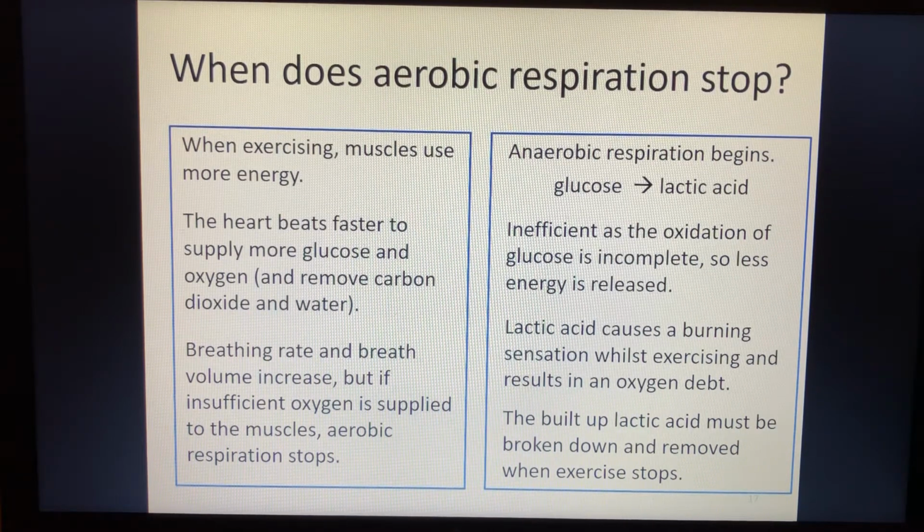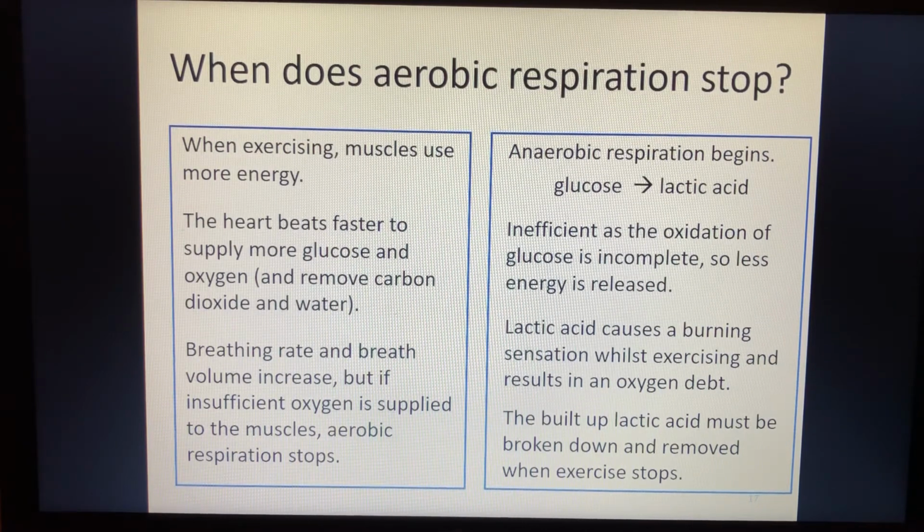To maximise the amount of oxygen going into the blood, we breathe at a faster rate and take deeper breaths, taking in more oxygen each time to supply as much oxygen to those muscles as we possibly can to stay in aerobic respiration, okay?